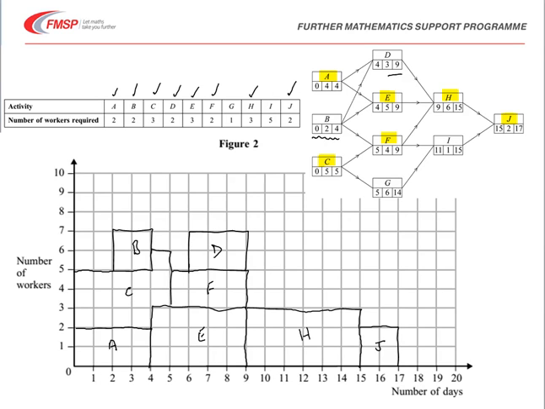G requires 1 worker and can start here at day 8. So day 8, 1 worker, and it's going on for a total of 6 days. So there's 1 day above D there.